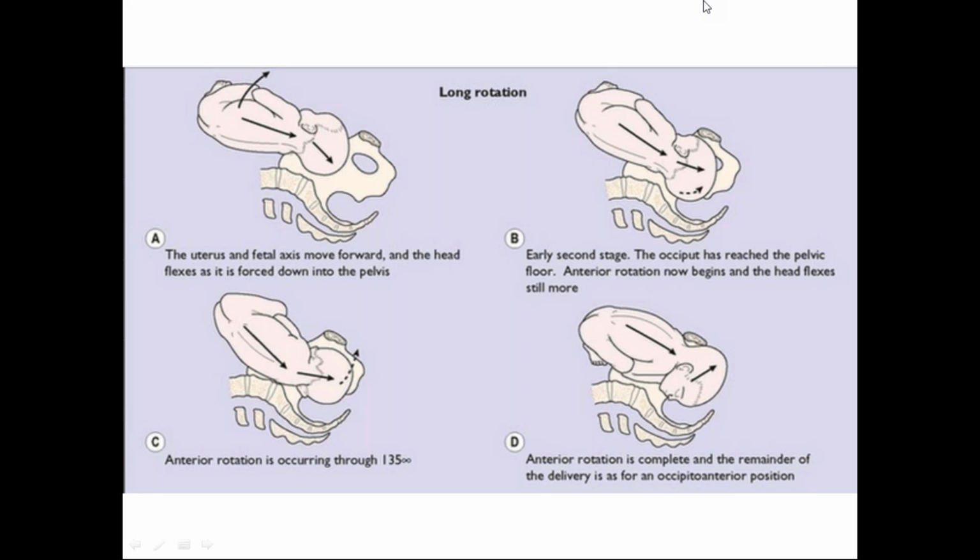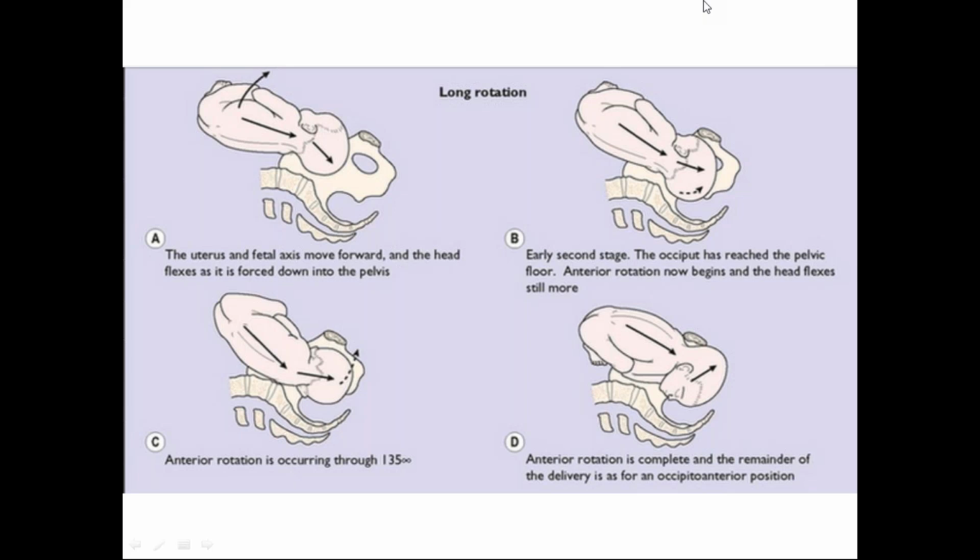So you see that is a long rotation here, in the posterior position. It is rotating towards the right occiput anterior. Here it has almost reached occiput anterior. Here the occiput has come under the symphysis pubis, and the baby is delivering.